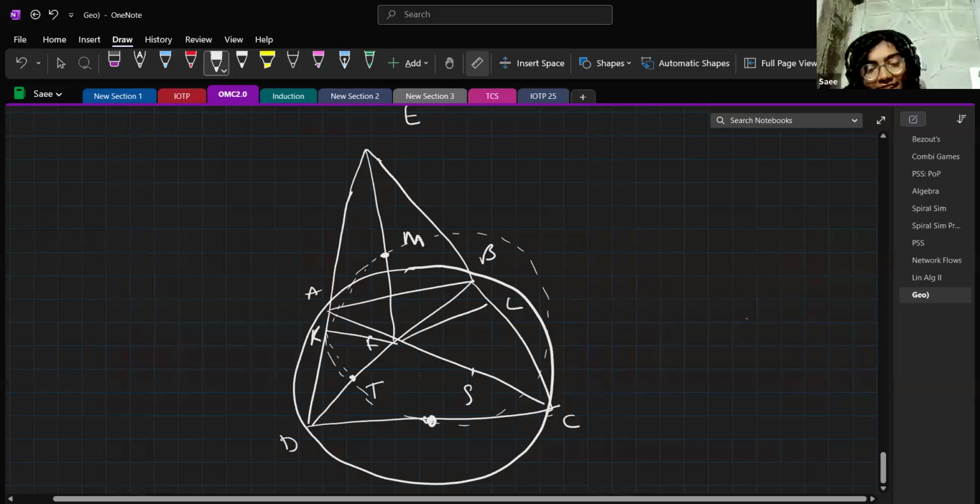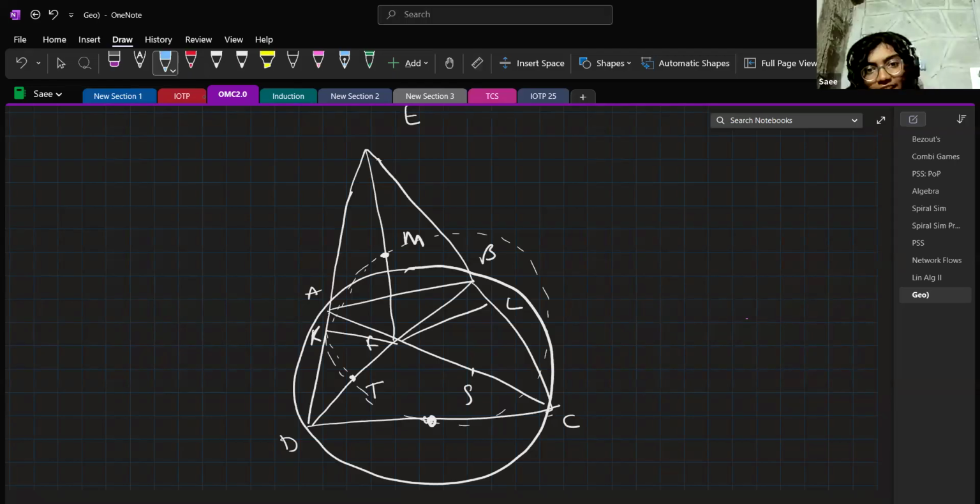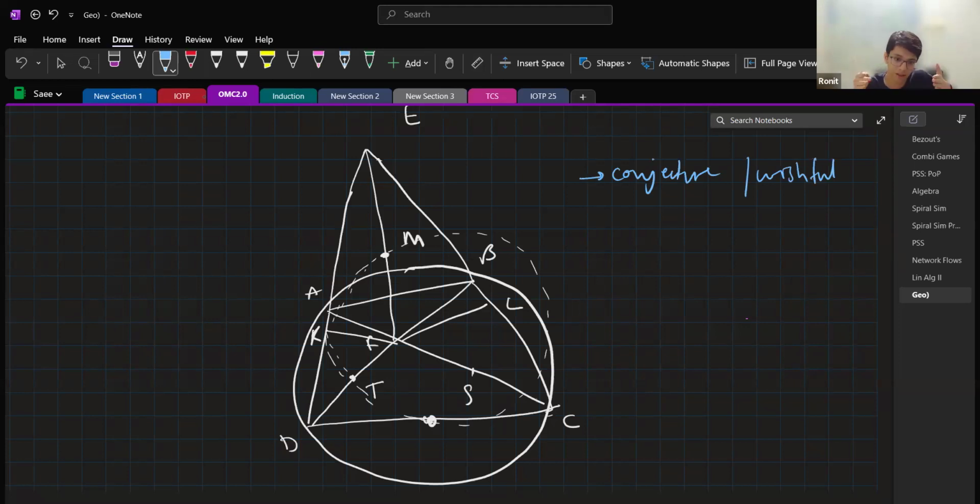Okay, so that's an amazing conjecture and intuition. There seem to be a lot of midpoints, so it's very good to conjecture things, or do wishful thinking. In my diagram I had D closer to E than A, and it looks like they intersect at EF, although the diagram is quite sloppy.